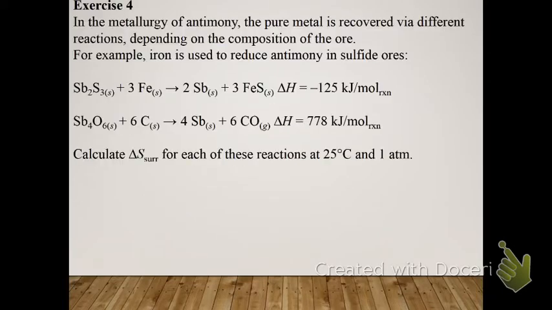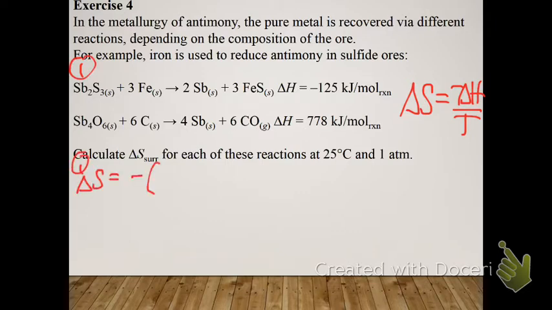So here we go. We have two problems and we want to know what delta S is. I just told you we're going to use this formula, delta S equals negative delta H over T. We're going to label this problem number 1. So delta S is going to be equal to negative 125 from the problem over T, which is going to be 298 Kelvin.